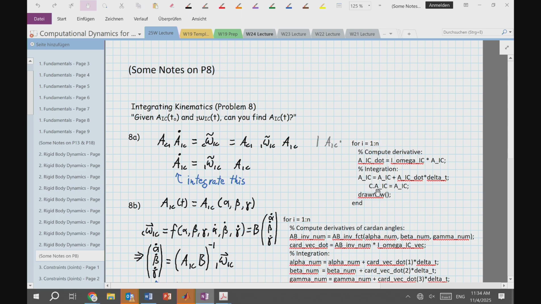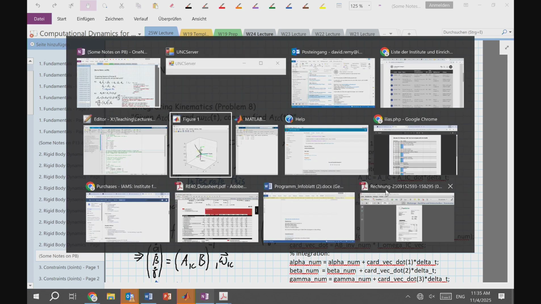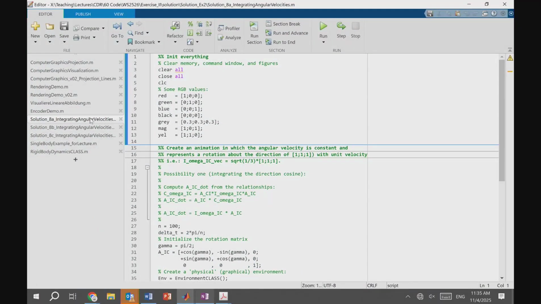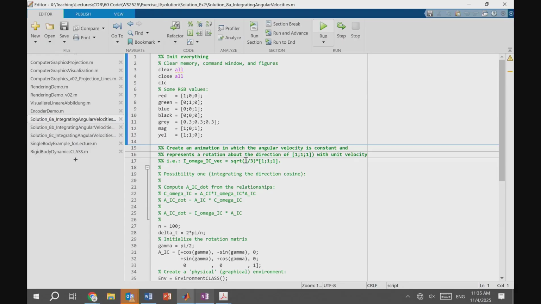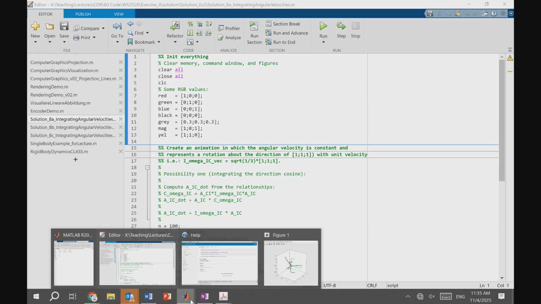And then all we did is we updated our coordinate system. So this is the set command, set.aic is set to this transformation matrix. And then I do a draw now to update the screen. So let's see what happens if I run this. And I should say I haven't tried this before class because I was busy with this guy. So this may be another thing that doesn't work.